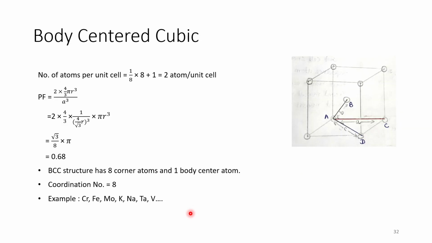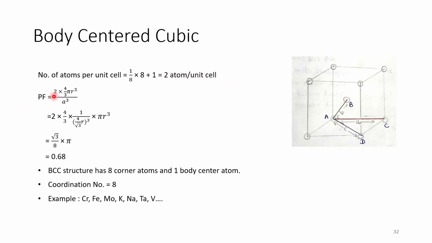Next is body centered cubic structure. In this case, the number of atoms per unit cell will be 2. It is similar to simple cubic, but 1 atom will be extra at the body center. So there will be 2 atoms per unit cell.